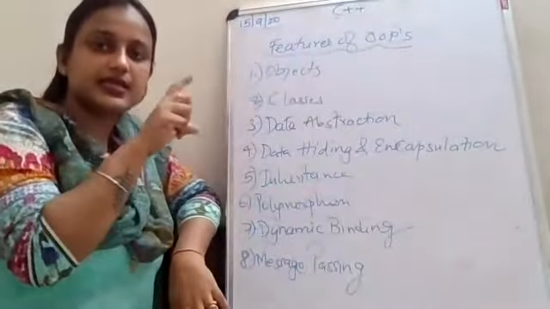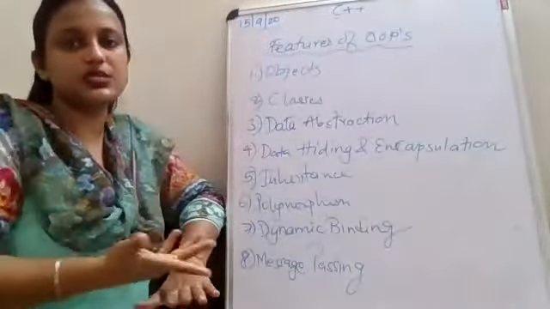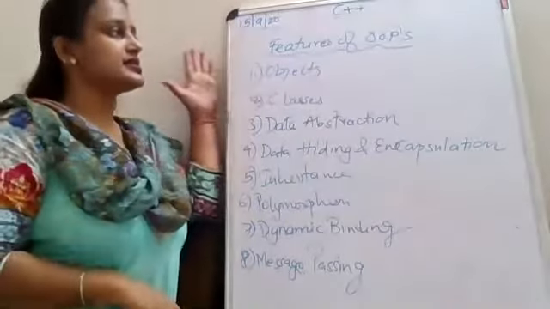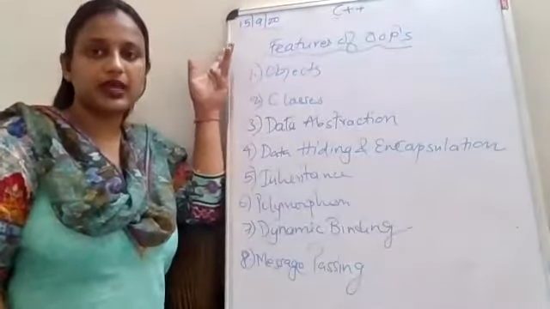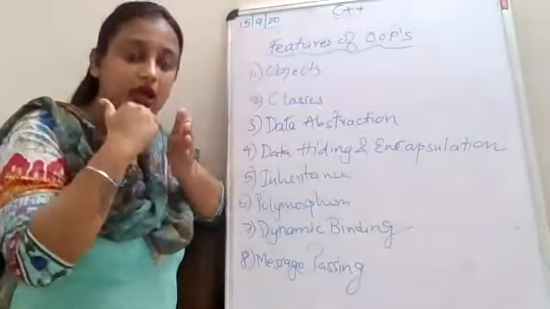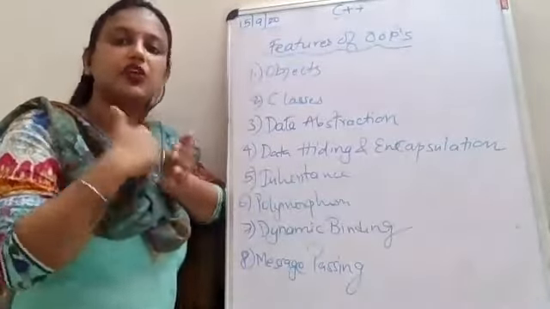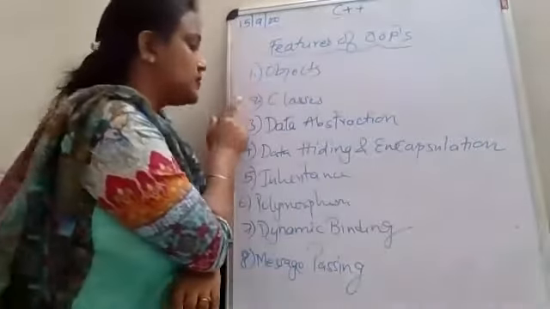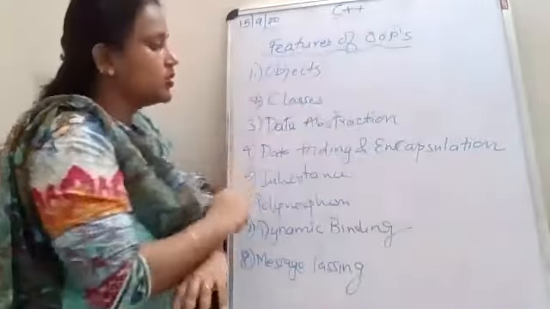But now you already know, as objects and classes are already done. Okay, so objects and classes is one of the main features, as it is an object oriented programming language. Everything runs, object is a runtime entity. Everything runs with the help of object only in C++. You can give a small example of both.